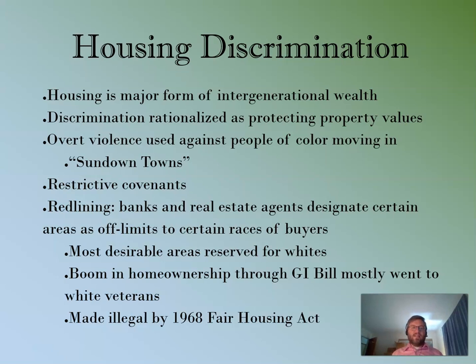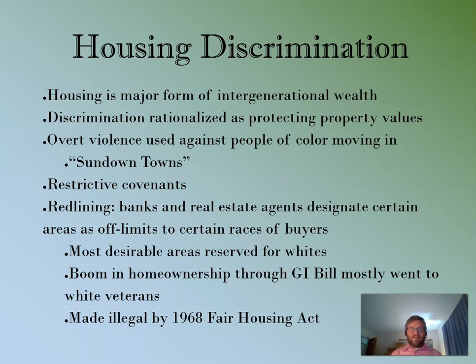And this is a long-standing practice, and I have a note there that we had a major boom in home ownership after World War II due to provisions in the GI Bill that was passed to help the veterans returning from that war. We suddenly had this giant population of veterans, and because of redlining, the ability to benefit from these provisions was going primarily to white veterans.